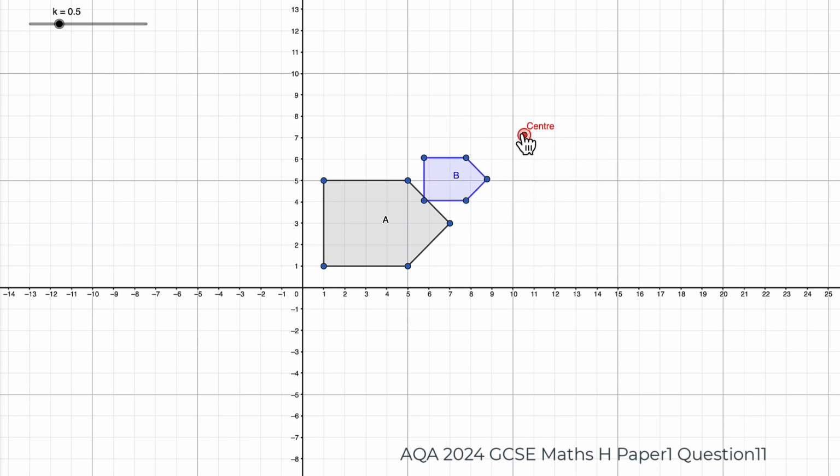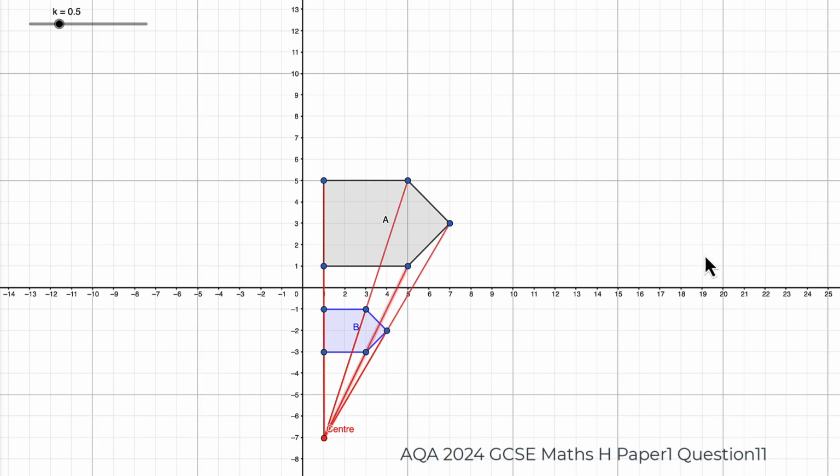So let's put it back where it started. And now here's the picture with the lines that we drew in that all met at the centre.